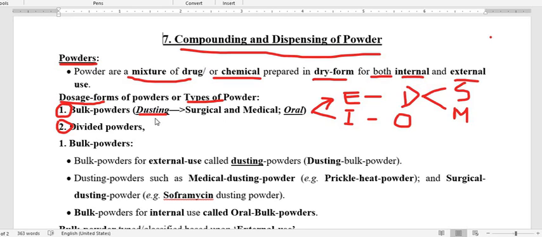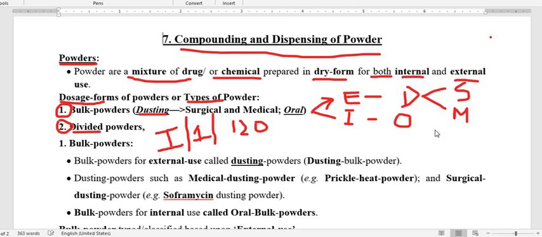Now we have to go through the divided powder. Divided powder is only used internally. This is very, very important: divided powder is used internally and is a single dose. We prepare it as a single dose, used internally, and the amount in a single dose should not be less than 120 milligram.